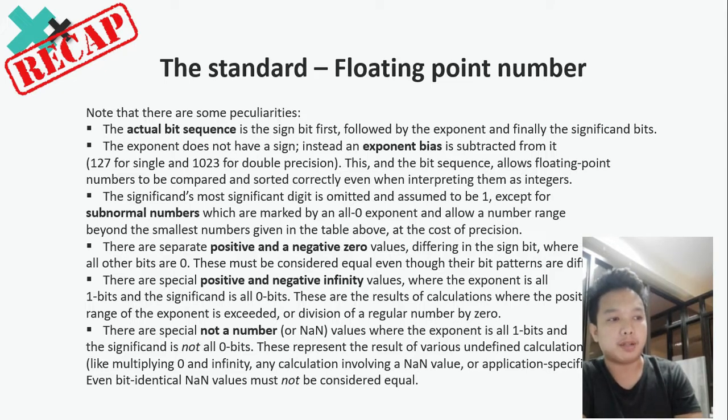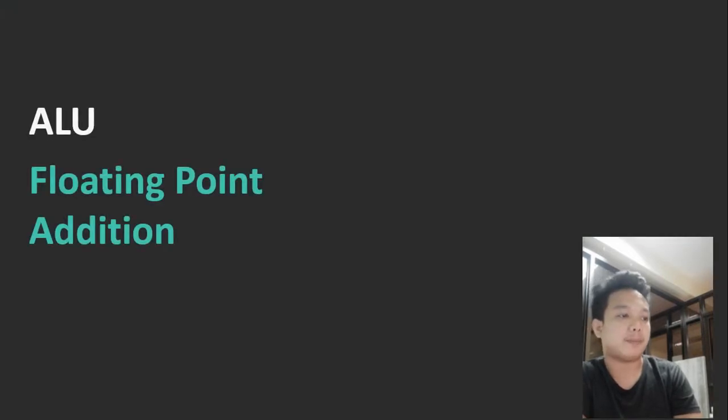There is the special not-a-number, or NaN, which is commonly seen in JavaScript. These are values where the exponent is all 1 bits and the significand is not all 0 bits. This represents the result of various undefined calculations, like multiplying 0 and infinity, and any calculations involving a NaN value, or application-specific cases. Even bit-identical NaN values must not be considered equal.